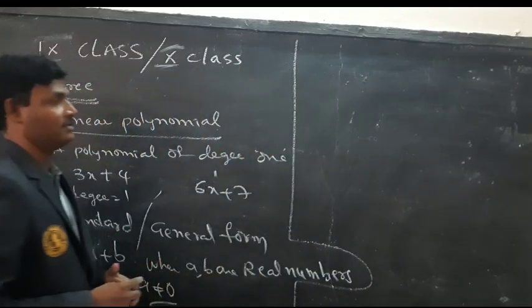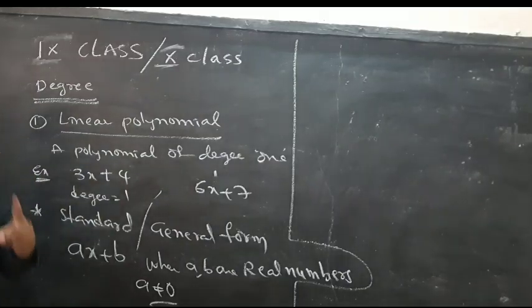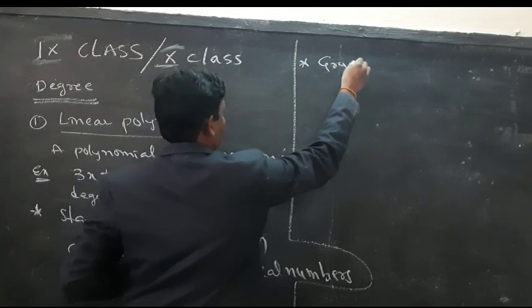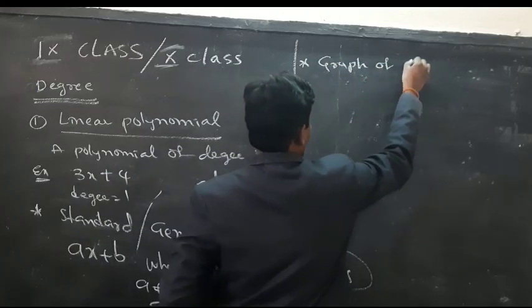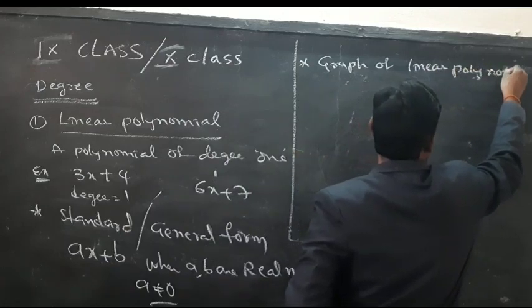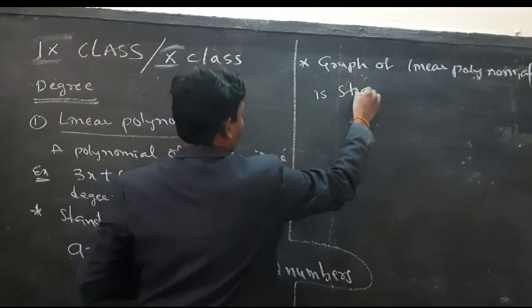If you take a linear polynomial on a graph sheet, you will get a straight line. Graph of a linear polynomial is a straight line.